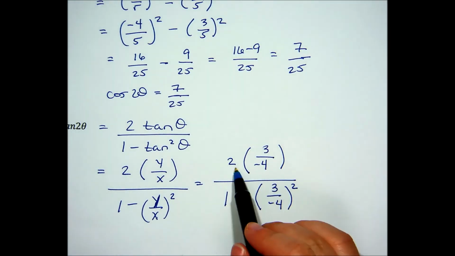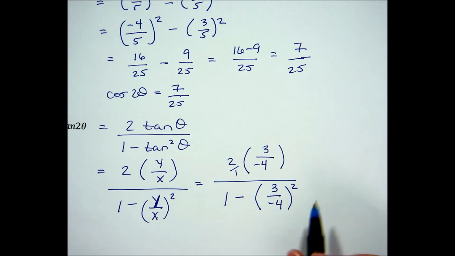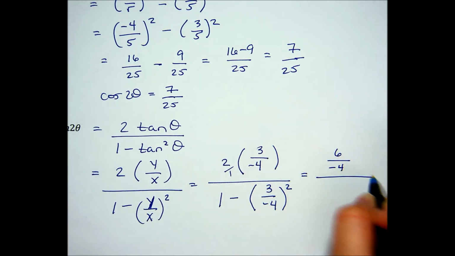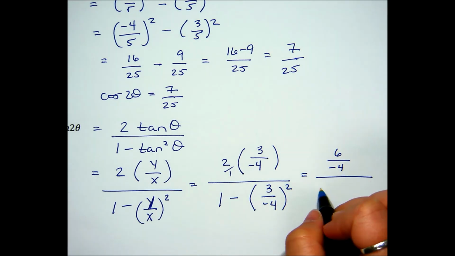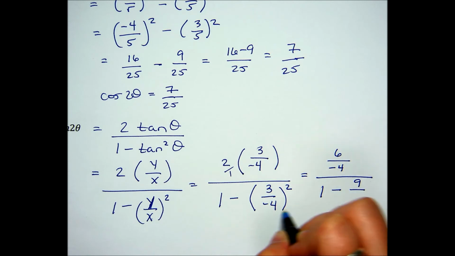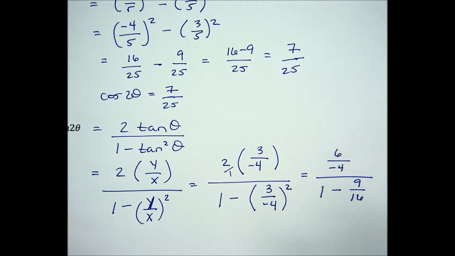Again, you can treat this like a fraction, top times top, bottom times bottom. So we get 6 over negative 4 over 1 minus 3 squared, that's 9. Negative 4 squared, that's 16.